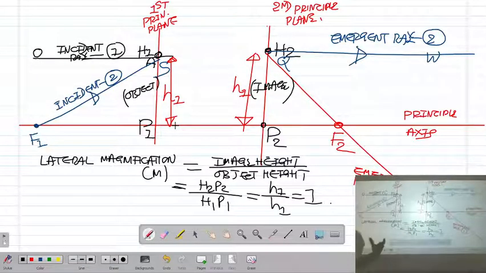So we can say that principal planes are planes of unit magnification. What is the magnification of principal plane? 1.